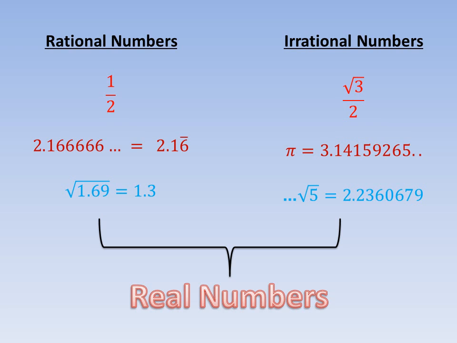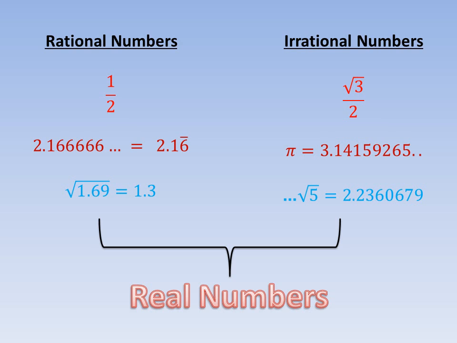The second example is about the recurring decimal number. 2.1666 is equal to 2.16 with a line over the 6, which means 6 is repeated infinitely.